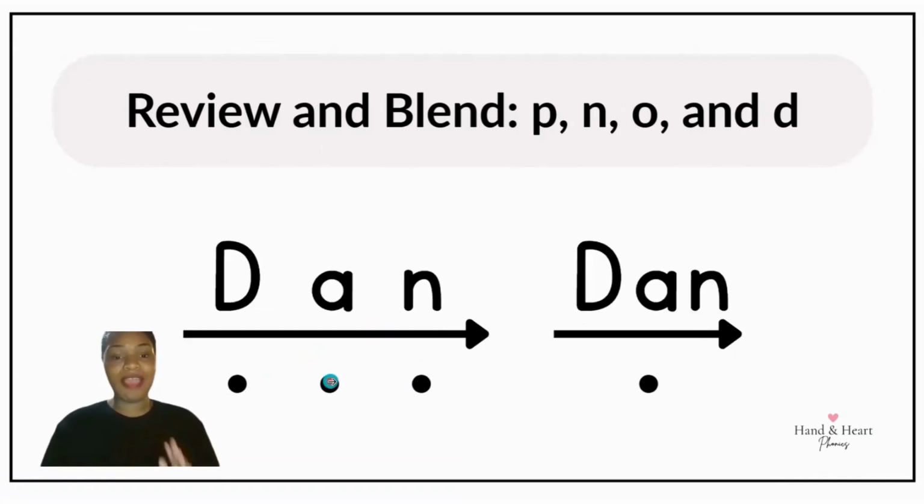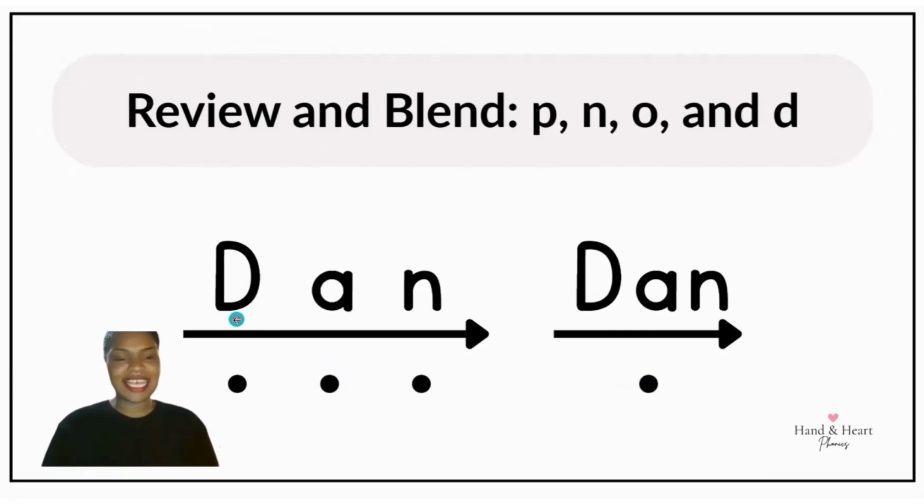Now, we talked about an saying an. If we add the letter D to the beginning of the word, it becomes a new word. Sound it out with me. D, an, Dan. Again, D, an, Dan.